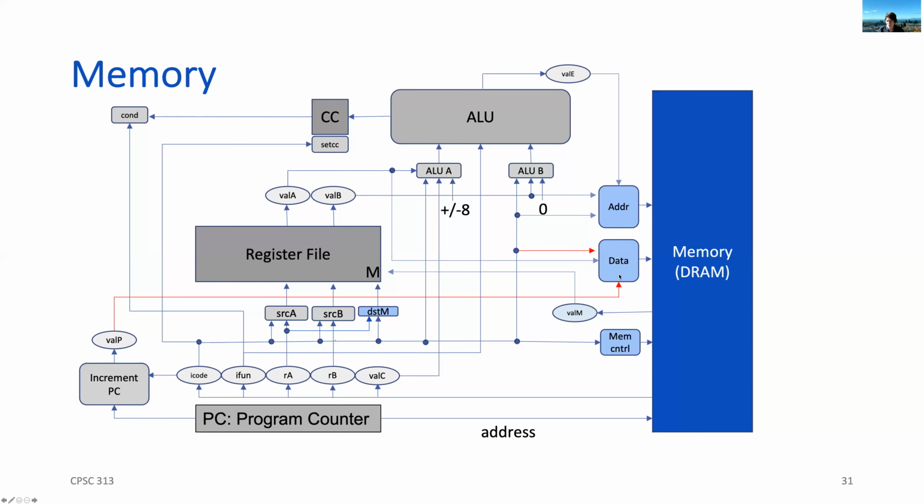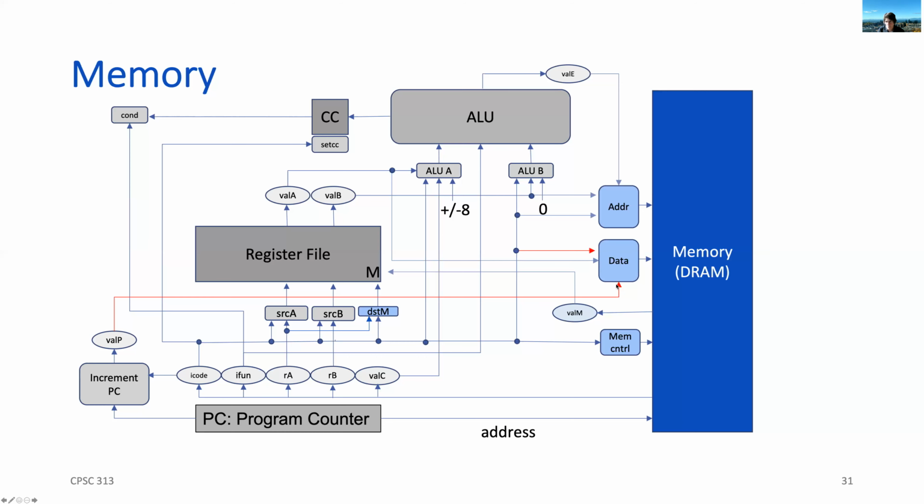Well, where do we get that from? Aha, that's exactly what we calculated when we incremented the PC. So we're going to take val-p, direct that all the way over to the data, and say sometimes the data that we want is coming from val-p. Now that we have two choices for this logic block, we're also going to need to take the opcode in here so we can decide which one to use.